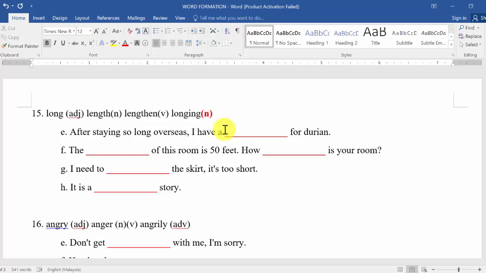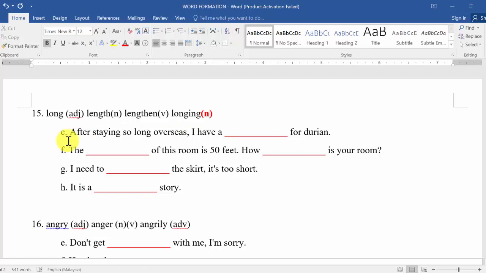Longing means the desire to get something, the desire to eat something. If you want something a lot, it means that you have a longing for that thing.